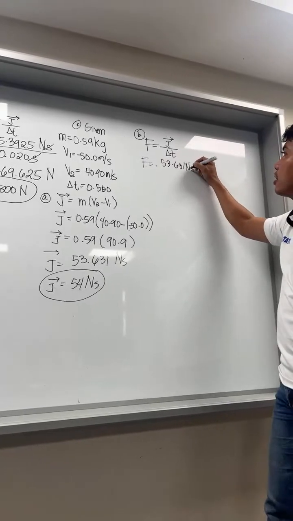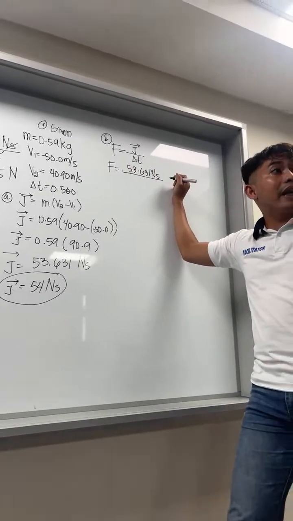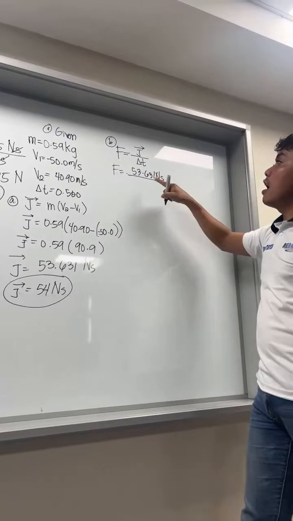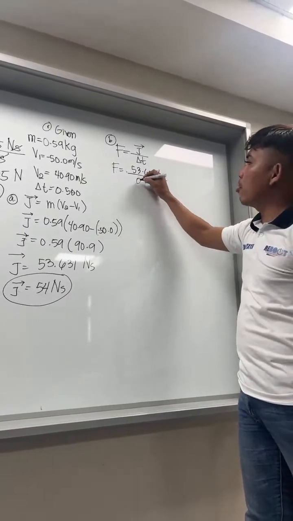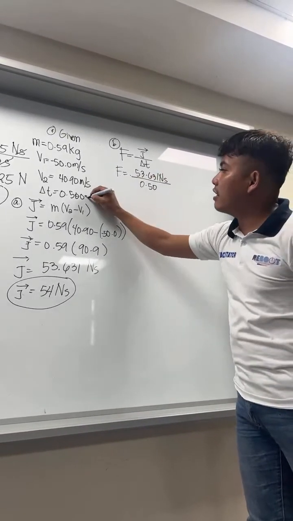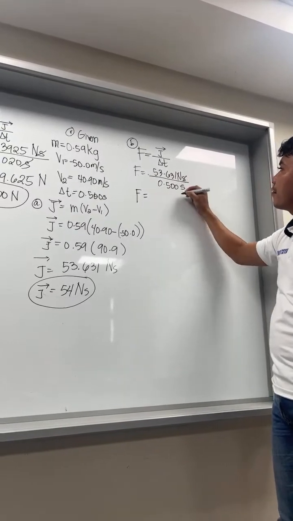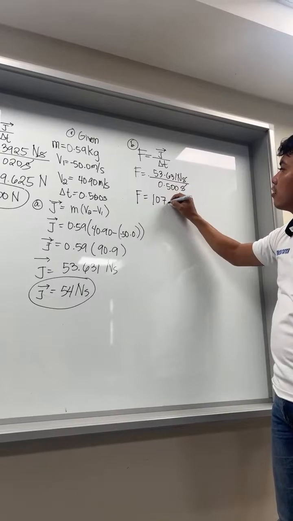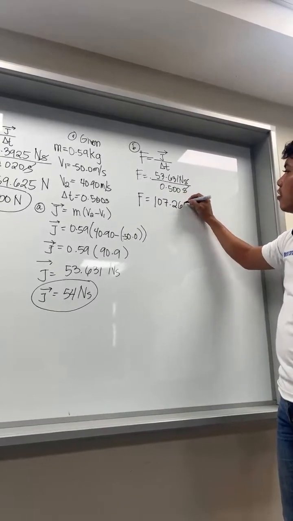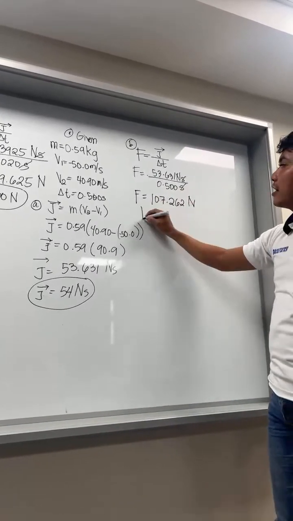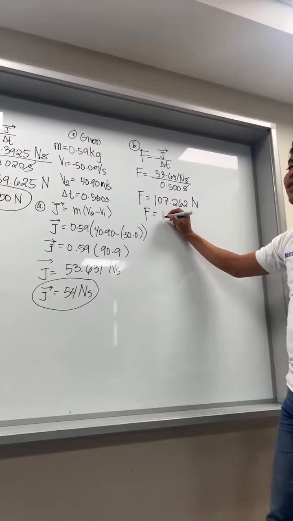Our change of time is 0.500 seconds. Answer. 107.262 Newton. Final answer. 107.